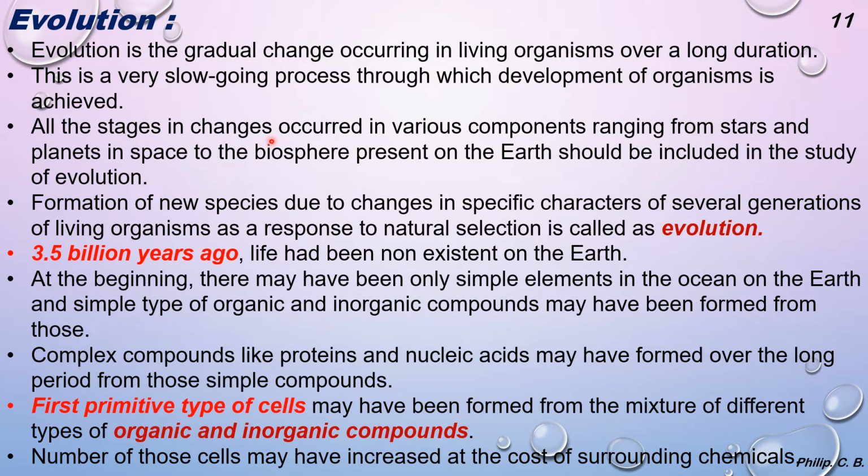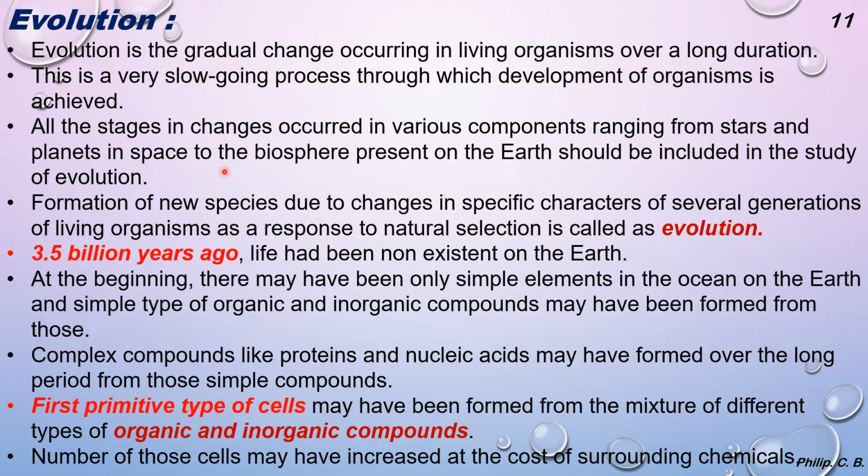All these stages in changes occurred in various components ranging from stars and planets in the space to the biosphere present on the earth should be included in the study of evolution. So anything and everything which takes place in the biosphere. Now, what is biosphere? Very simple way, always learn the terms by breaking up or splitting.